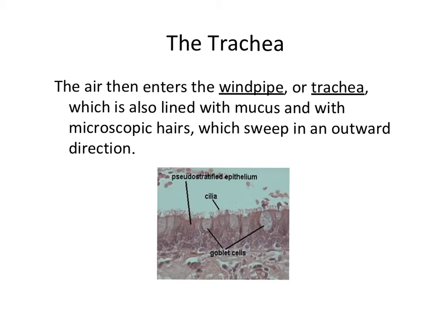Then we get to the trachea. As I've mentioned, the trachea is colloquially known as the windpipe. The trachea is lined with mucus and cilia. Once again, this mucus and cilia help to remove any particles or dangerous material from the air before it gets to our very sensitive lungs.